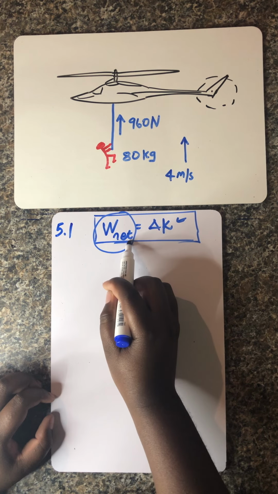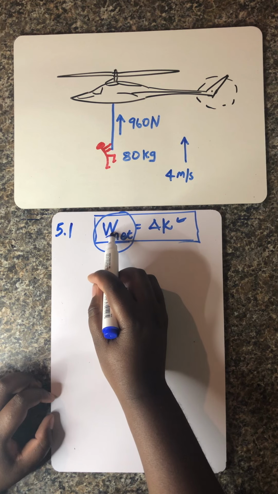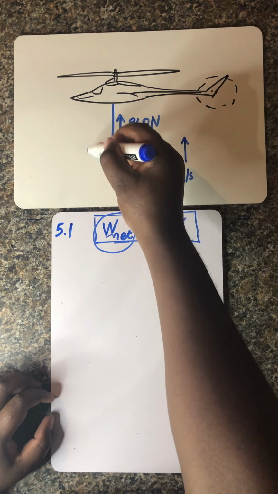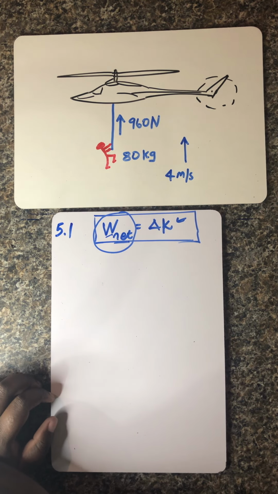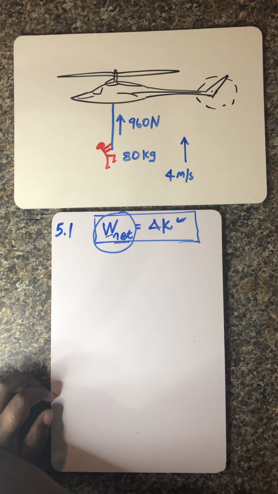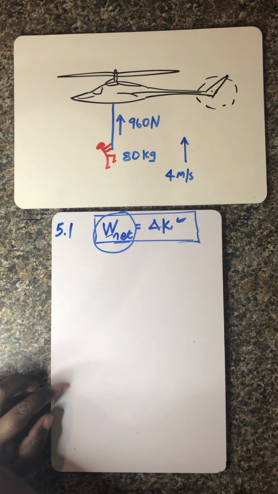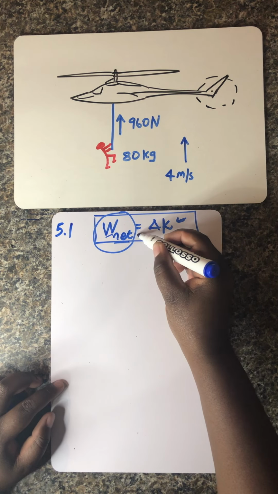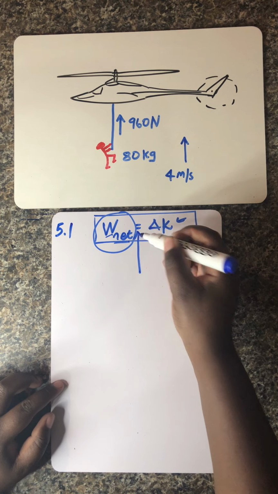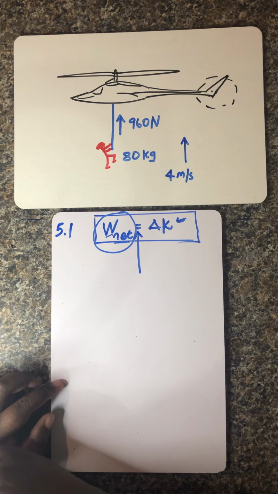The net work done on an object, in this case, which could be a soldier, is equal to the change in kinetic energy of the object. Ladies and gentlemen, it's equal to the change.